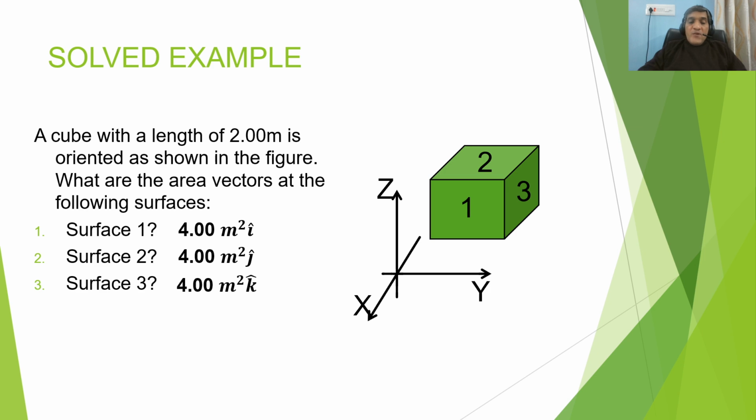So for surface 3 we have 4 meter square j, and for surface 2 we have 4 meter square k. So you make these corrections. The first answer is 4 meter square i. These answers correspond to our reference axes x, y, z, which we have taken in the figure. Now I hope you understand how we calculate the area vector before we find the electric flux.